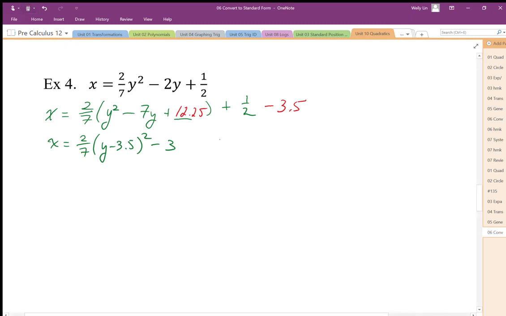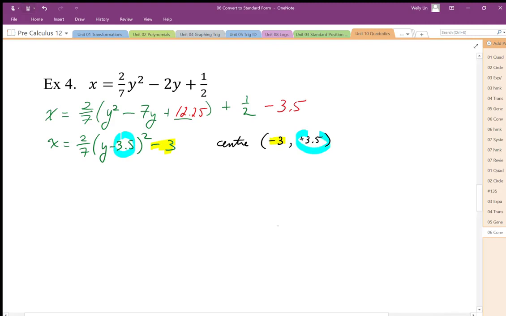So the center is going to be at -3, +3.5. Just so I can make sure I see where that's coming from: that -3 comes from the x transformation, and that 3.5 comes from that 3.5 there. So then I can graph this.